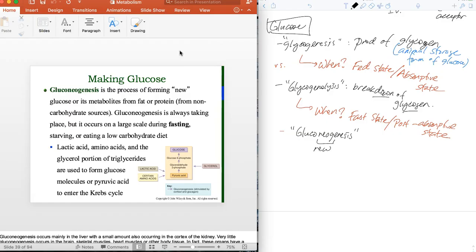Neo is new. This is the production of new glucose, really from non-carbohydrate precursors.